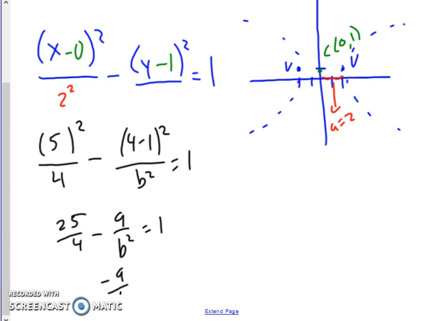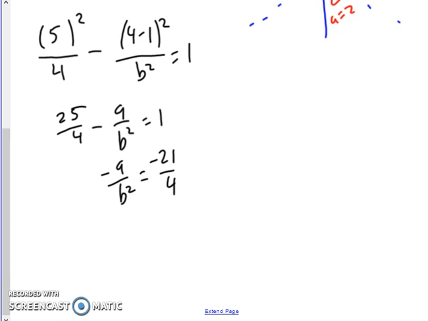So we'll get negative 9 over b squared equals negative 21 over 4. And then I'll cross multiply in this instance. Negative 21 b squared equals negative 36. Divide by the negative 21, so two negatives would become a positive. Therefore, we get b squared to be 36 over 21.